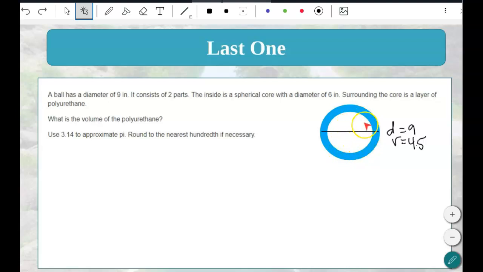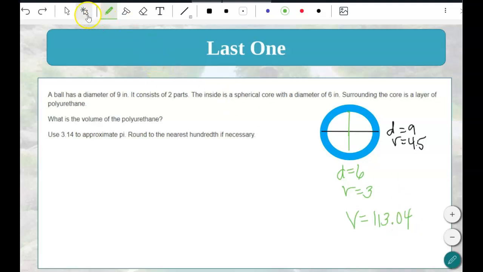This inside, the white part, has a diameter of 6. Oh wait, it says diameter, so I should draw the whole thing. Diameter is 6. We need the radius, so it's half of that. Oh look, 3 again. We already know the volume when it's 3. That volume is 113.04. No need to do all the work again.